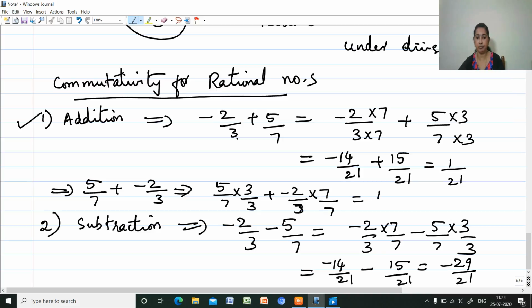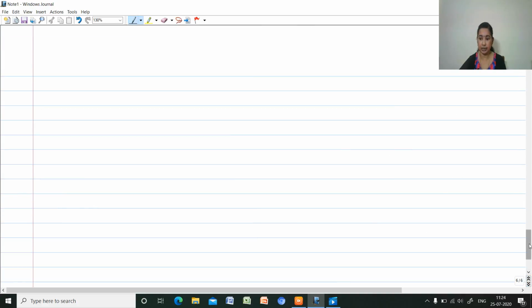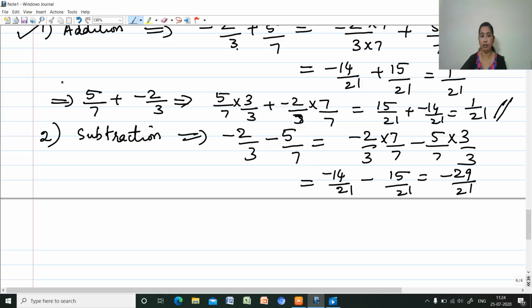That is equal to 15 by 21 plus minus 14 by 21. We get the same value itself. That's why it is called commutative law. Commutative law means a plus b equal to b plus a. Here I took only a plus b, so here b plus a is also done. So we checked commutativity for addition. It is satisfied. Now we were doing subtraction.